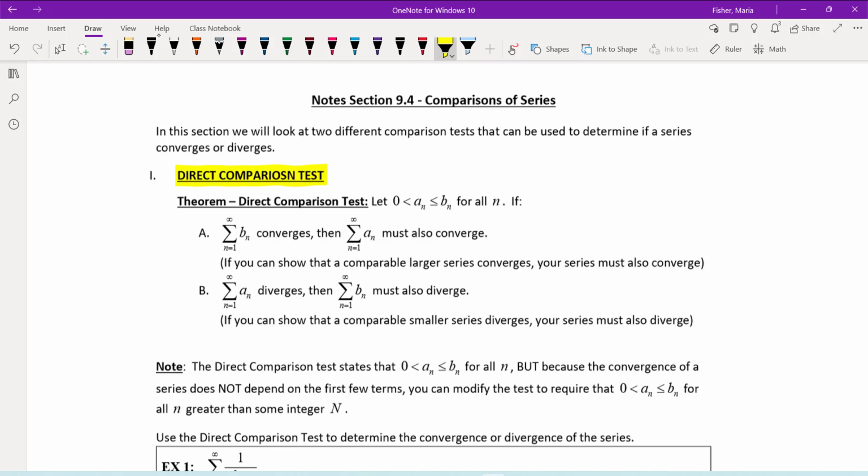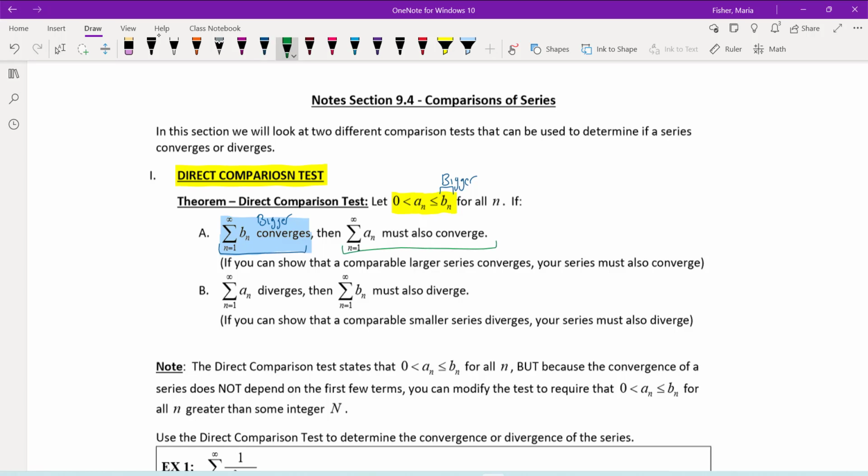Now, the direct comparison test says, let 0 be less than a sub n, which is less than or equal to b sub n for all n. If the sum from n equal 1 to infinity of b sub n converges, so if this series converges, and if you look here, b sub n is the bigger series, then a sub n must also converge.